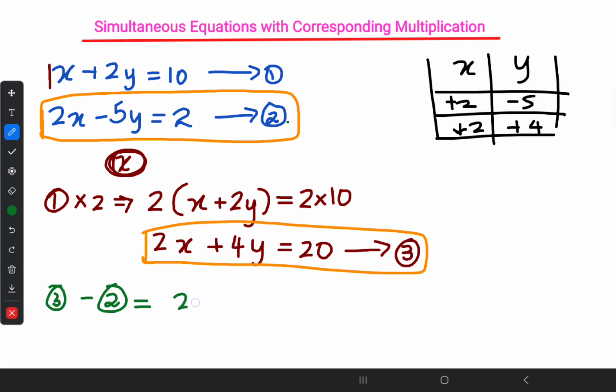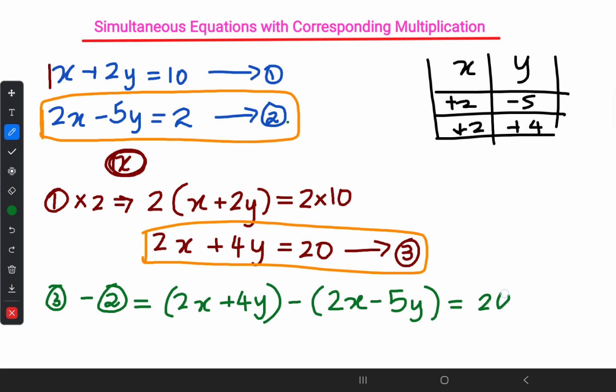So 2x plus 4y, from that I am going to subtract 2x minus 5y. On the right-hand side, you have to subtract 20 minus 2. Don't forget to multiply the right-hand side value also. When you choose a multiplicand to multiply, you have to multiply the right side of the equation as well.